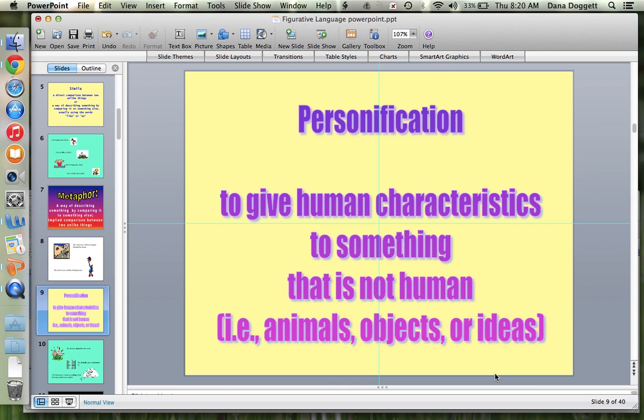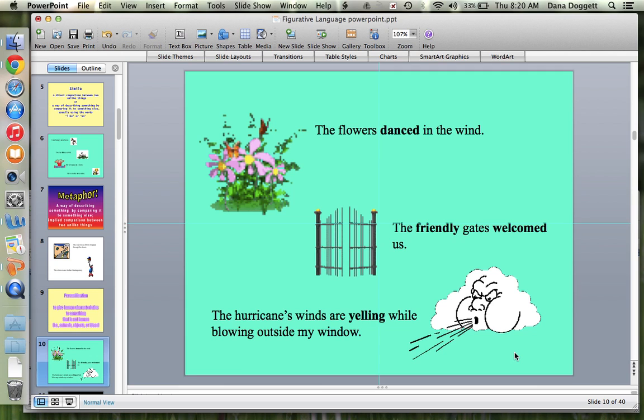Okay, personification. Personification means to give human characteristics to something that is not human, such as animals, objects, or ideas. A couple examples. So we have the flowers danced in the wind. Flowers can't actually dance, of course, so with dance, we're giving them human actions or characteristics.